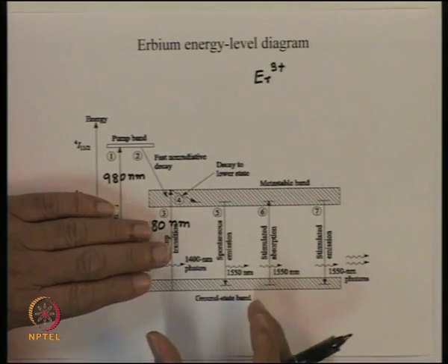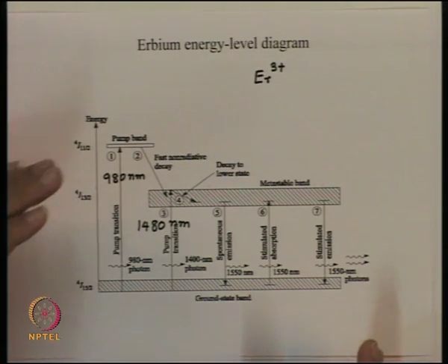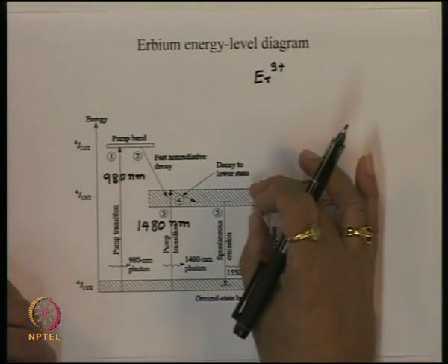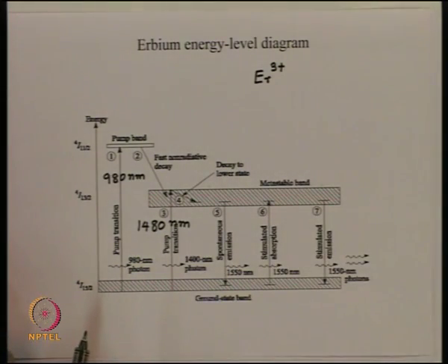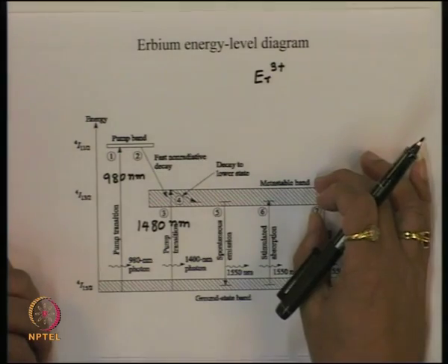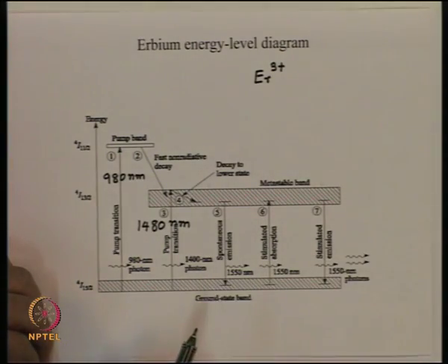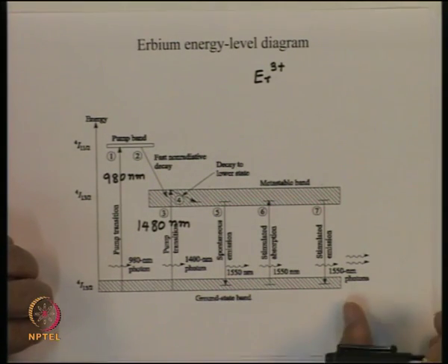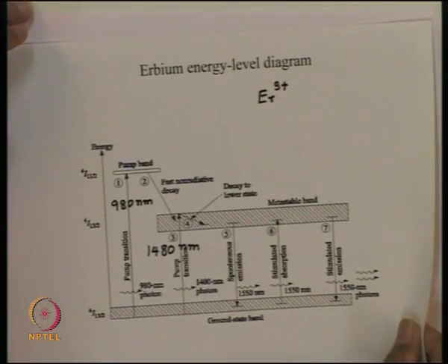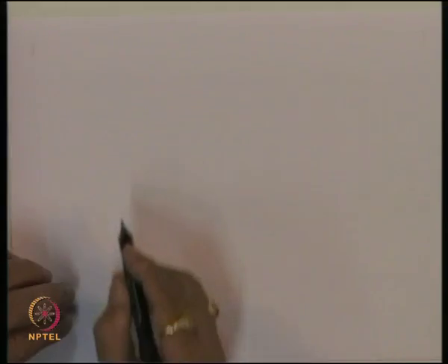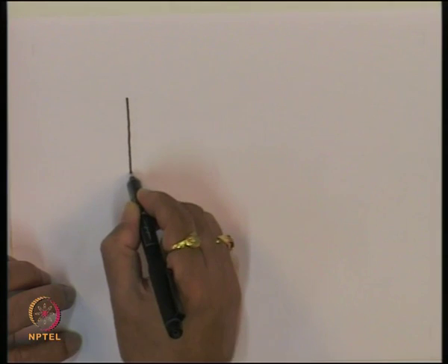So, we will get an output signal which will have a spectrum corresponding essentially to the broadening of these bands. As we mentioned, these bands are not very sharp, and because of that you get a broadband signal generated by this amplifier, which we call the spontaneous noise. So if you look at the spectrum, what we call the ASE spectrum, it will typically look like that.